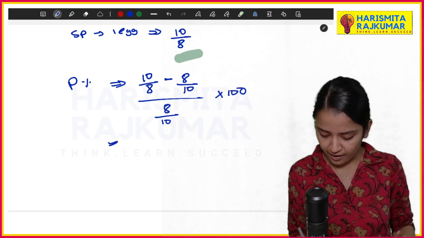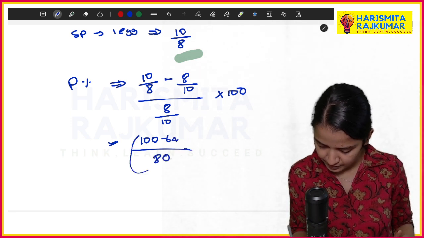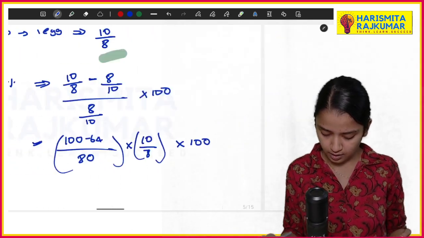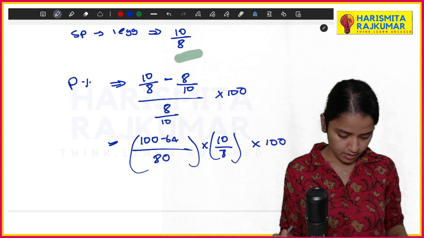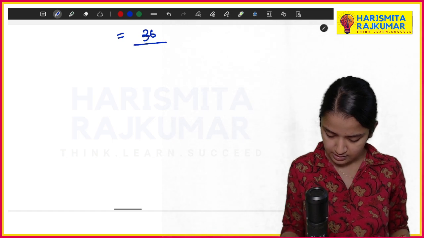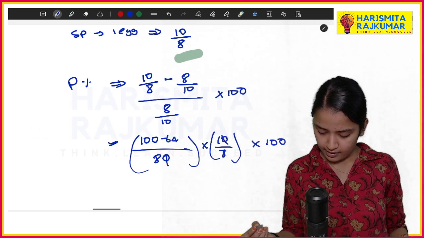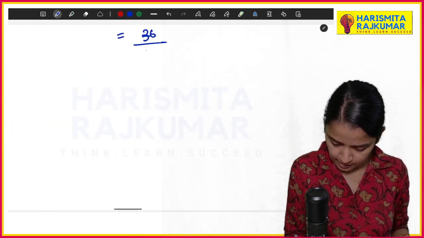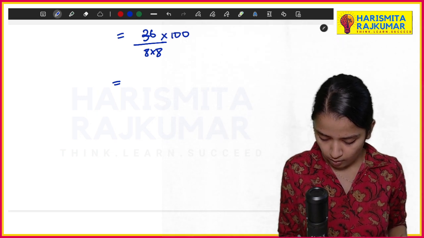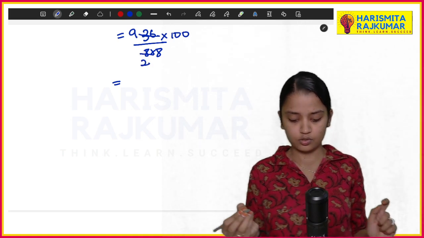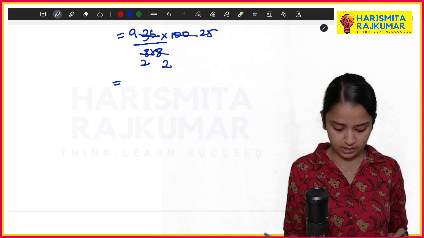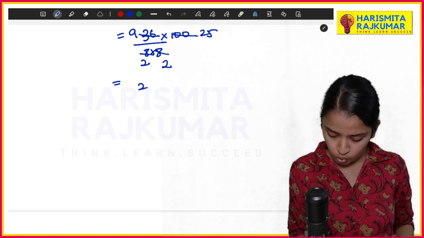That gives (100 minus 64) by 80 into 10 by 8 into 100, so the balance is 36. Cancelling, 9 fours are and 2s are, then solving again, we get 225 by 4 percentage.